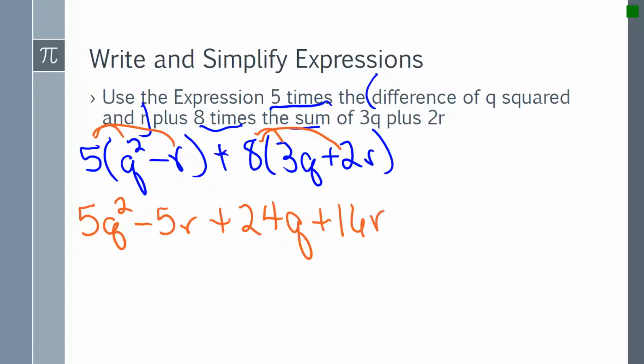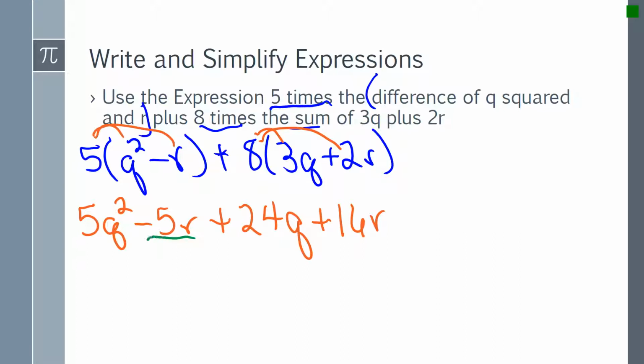All right, now I'm looking to see if I can combine any like terms. Well, I got a 5q squared, negative 5r plus 24q plus 16r. Well, even though I've got some expressions with q's in it, q squared, 5q squared is not the same term as 24q. Q squared and q are not the same term.